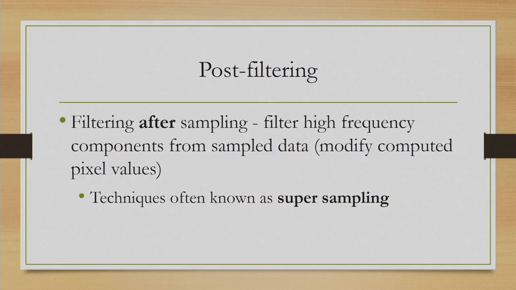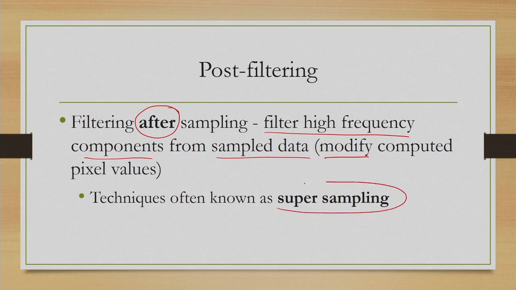In contrast, in post filtering, as the name suggests, we perform filtering after sampling. So we filter high frequency components from the sampled data. In other words, we compute pixel values, and then using post filtering techniques we modify those values. This group of techniques is also known as super sampling techniques. So we have pre filtering or area sampling techniques and post filtering or super sampling techniques.